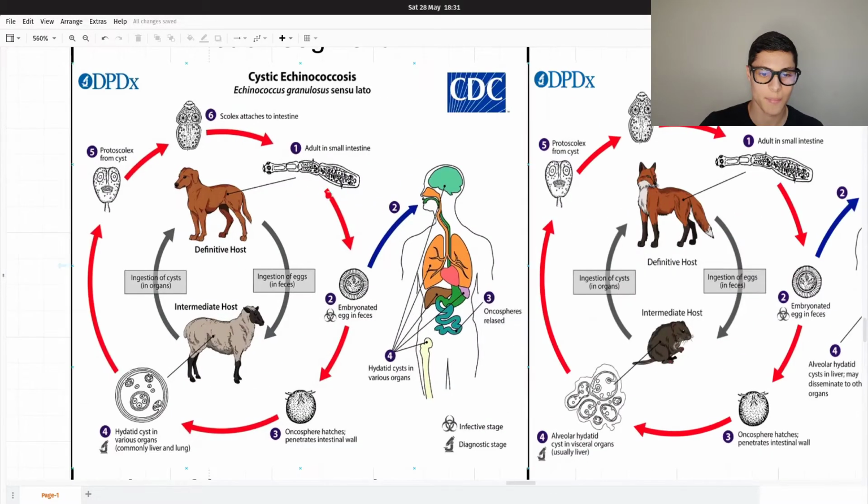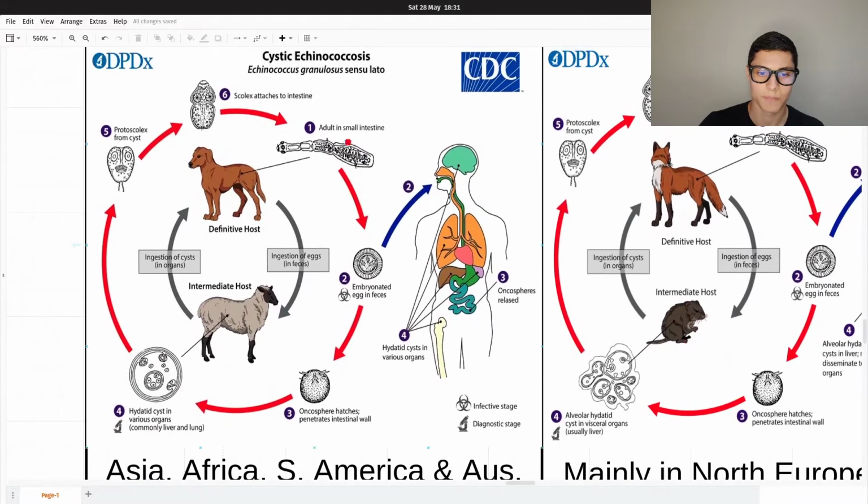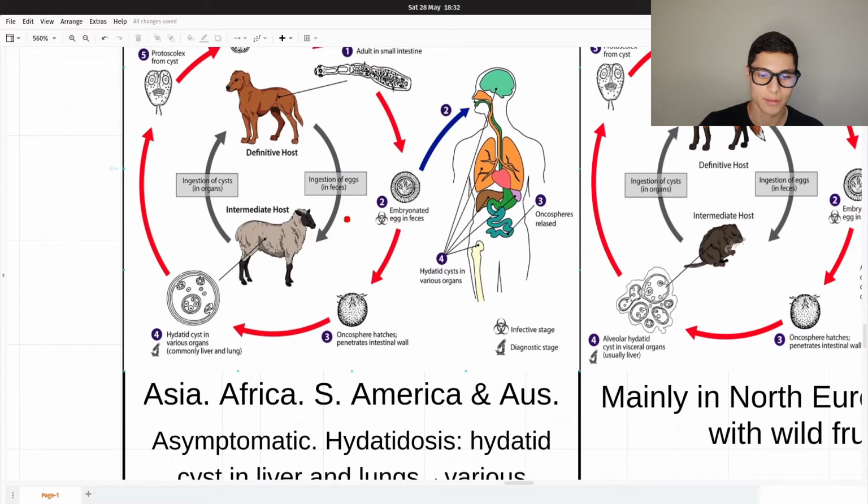This is the life cycle. We start with the adult in the intestine of who? Of the definitive host, the dog in this case. So, embryonated egg in feces, and then this is the infective stage in which we can get infected, and in this case a sheep as well.